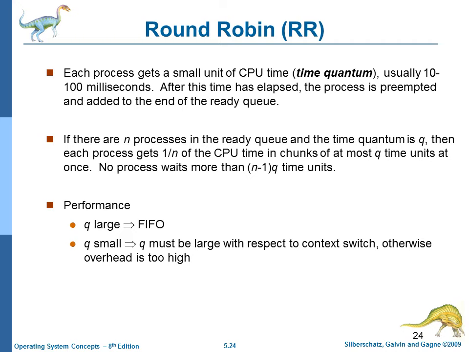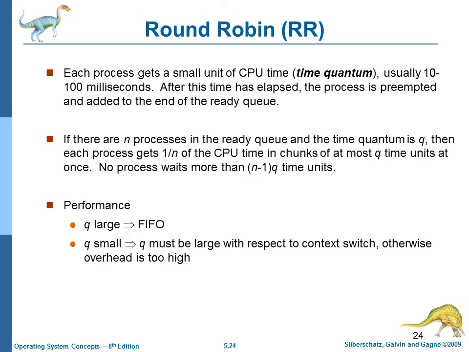When a process is given the CPU, a timer is set for whatever value has been set for a time quantum. If the process finishes its burst time before the time quantum timer expires, then it is swapped out of the CPU, just like the normal first come first served algorithm.